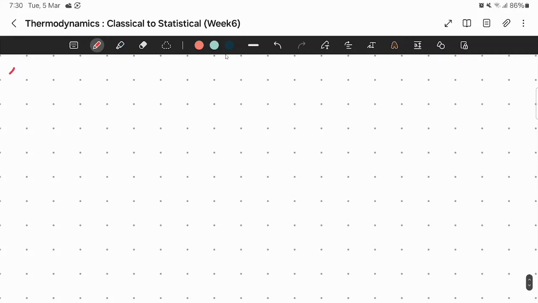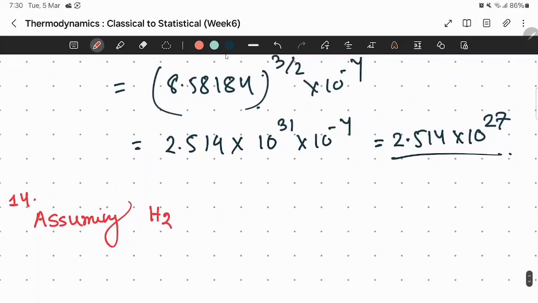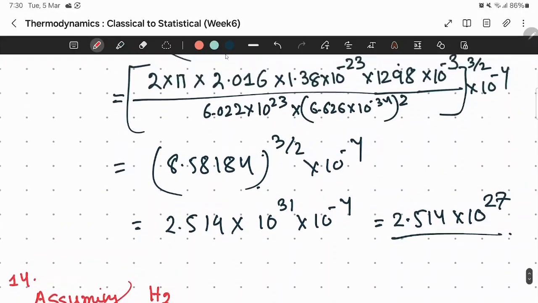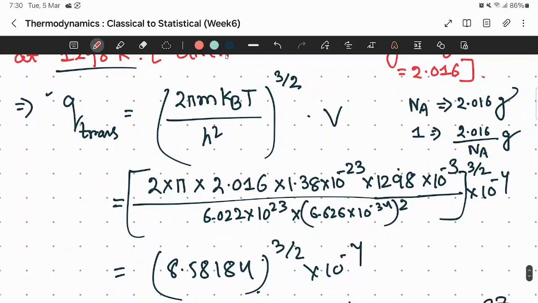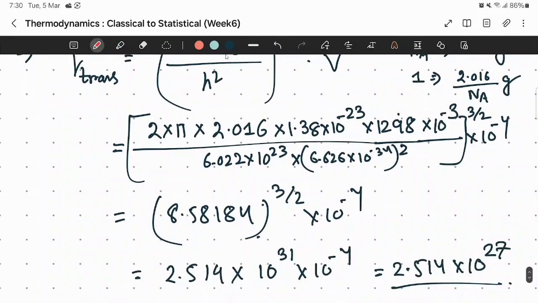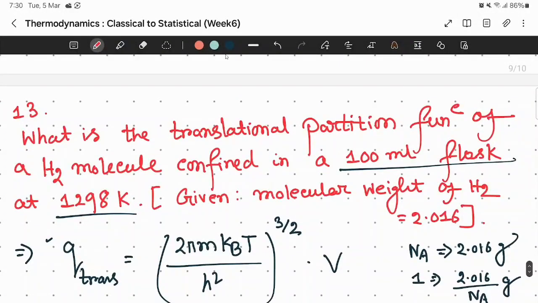Now question number 14. In the previous question, the value of the rotational partition function is only 17.2.